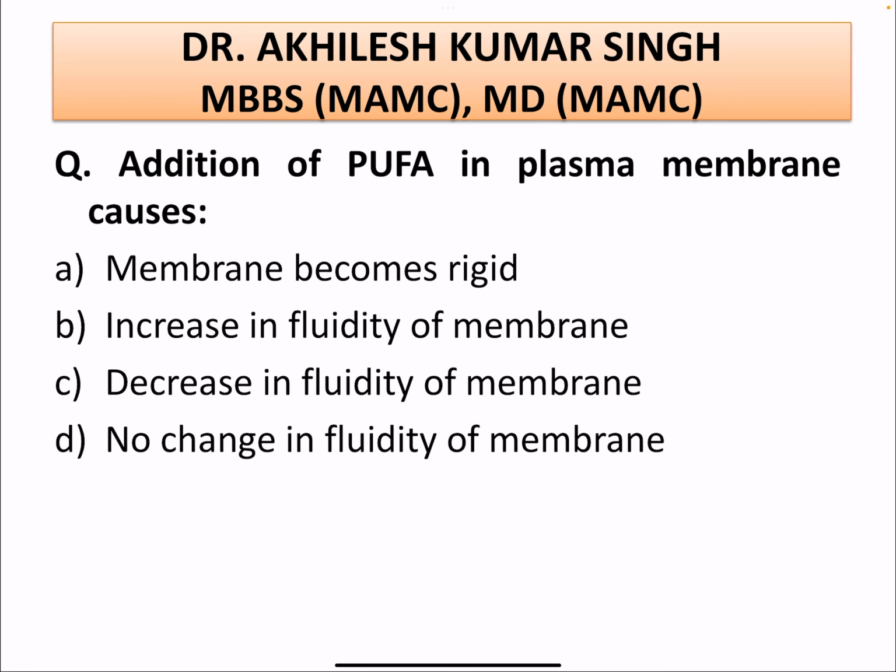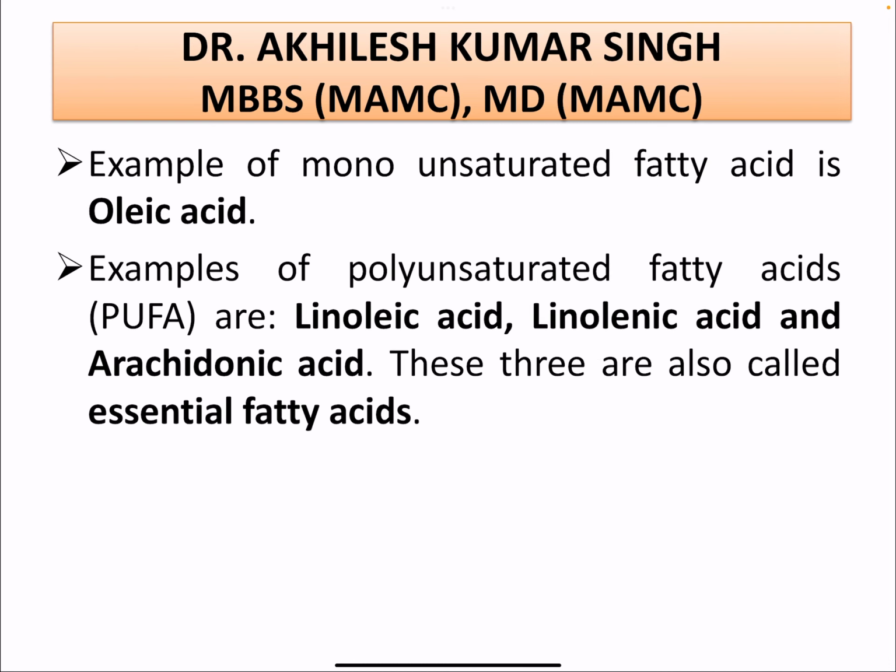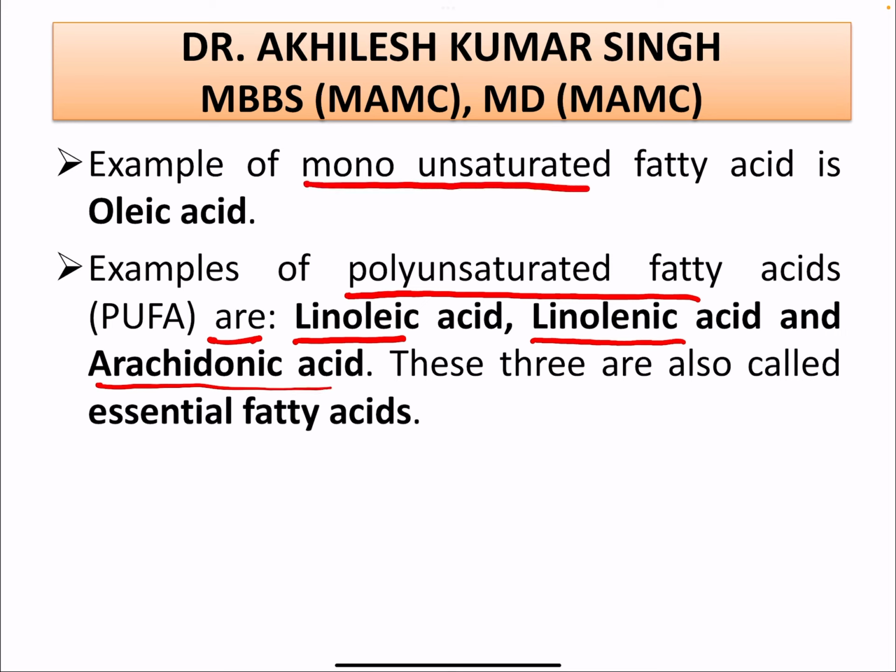Now let us look at another question. Addition of PUFA, polyunsaturated fatty acids, in the cell membrane will cause what? Examples of polyunsaturated fatty acids are linoleic acid, linolenic acid, and arachidonic acid, and the example of monounsaturated fatty acid is oleic acid.